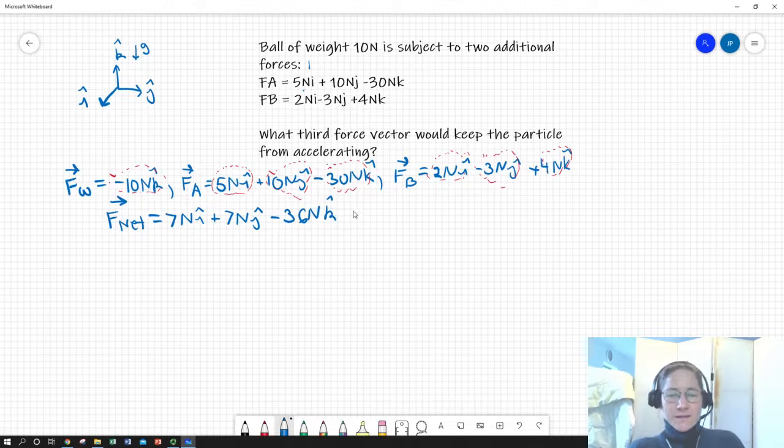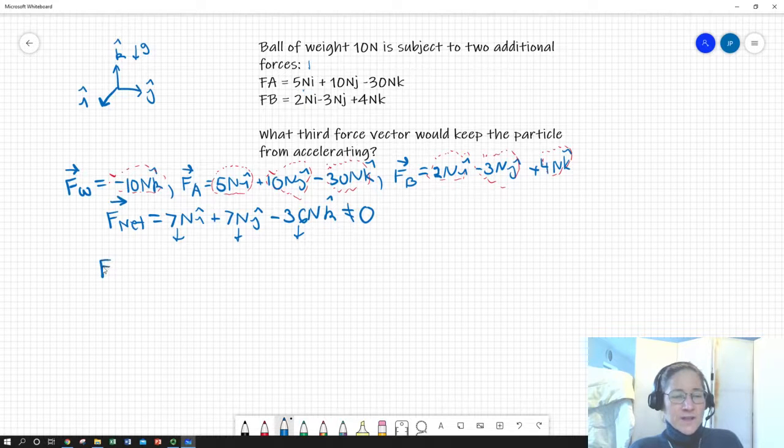Well, let's see. This doesn't look like it equals 0 to me. In fact, it's got a net force in every single orthogonal direction, so it's going to accelerate in each of the directions. So it is absolutely not at static equilibrium. To make F net 0, we need to make each one of these 0. So what would we add?